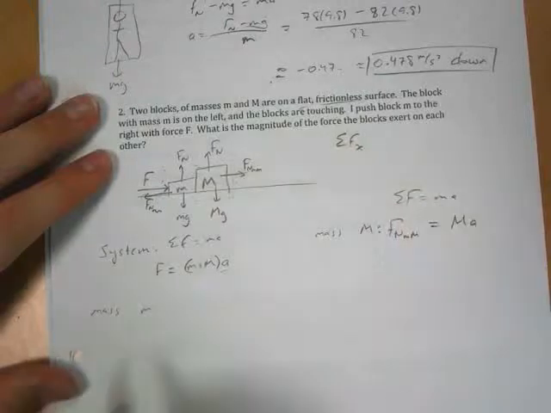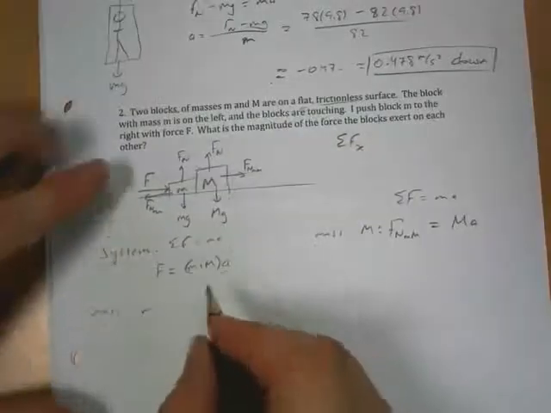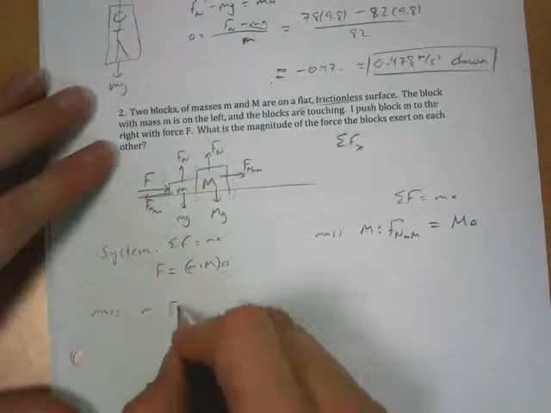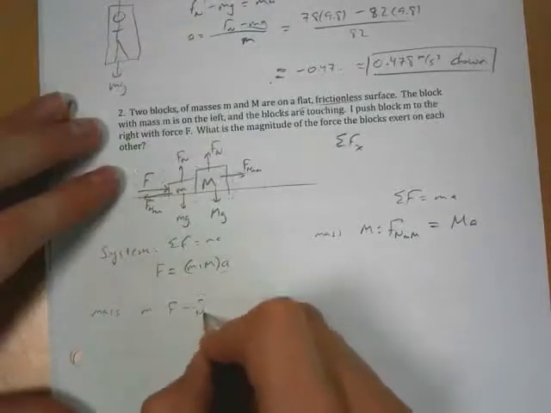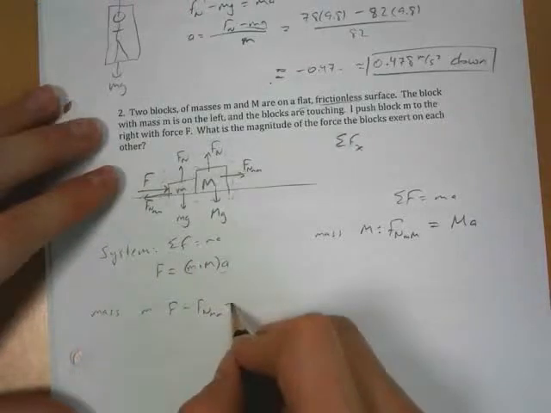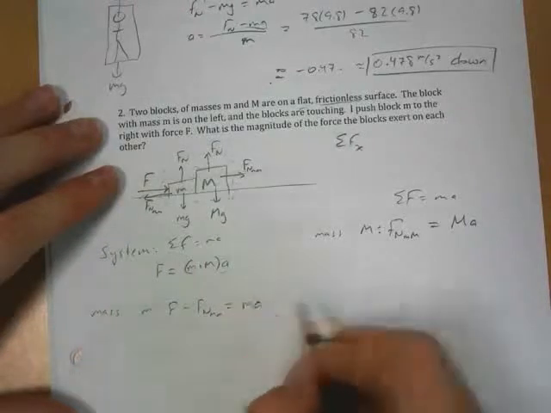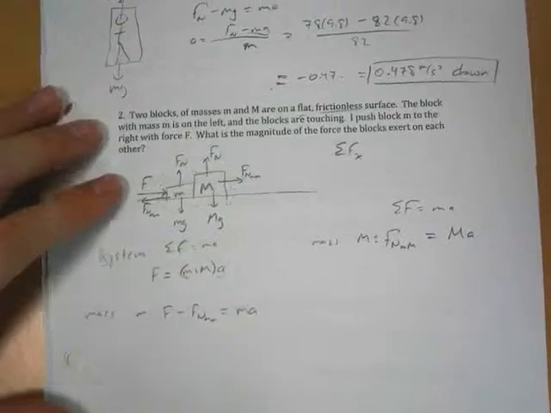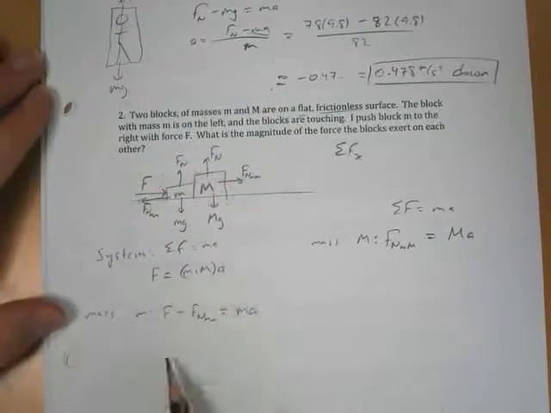If we consider block little m, we've got the force that I am exerting on it to the right, and the normal force that block M exerts on it to the left, and that's equal to little m times a.